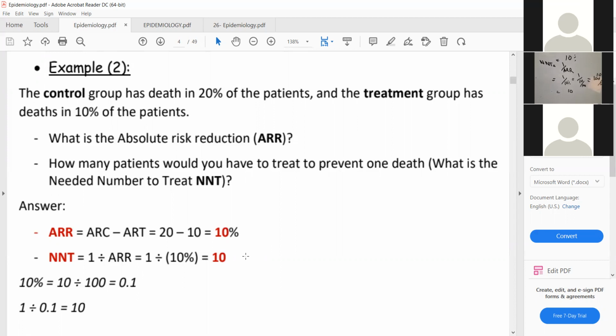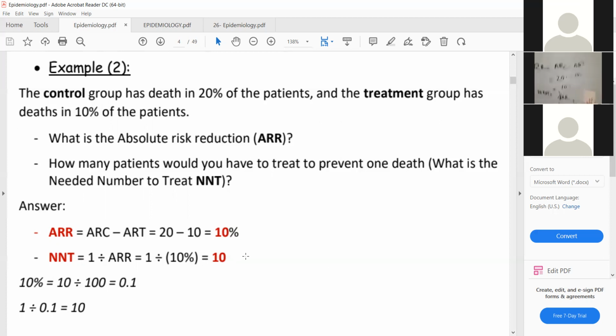For example, if someone has an absolute risk of getting cardiovascular disease of 10% without treatment, then after treatment with a certain drug, let's suppose antiplatelets such as clopidogrel or aspirin, how much is his absolute risk reduced? This is called absolute risk reduction.